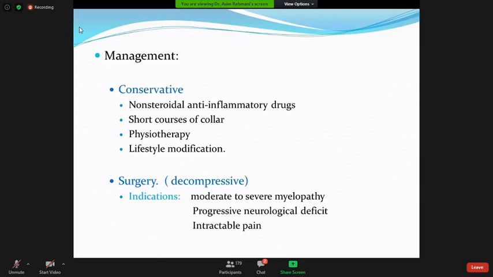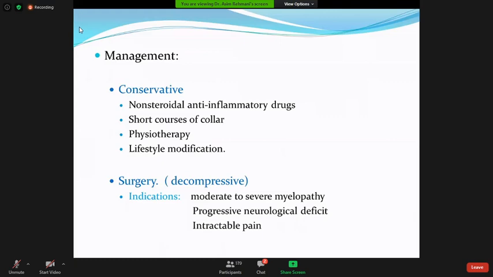And if these conservative measures fail, then we have to proceed for surgery, which is usually decompressive. That is, we have to remove the component which is compressing the cord or neurological structures. The indications for surgery are moderate to severe myelopathy and progressive neurological deficits.